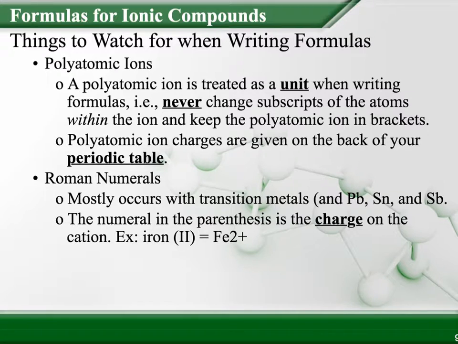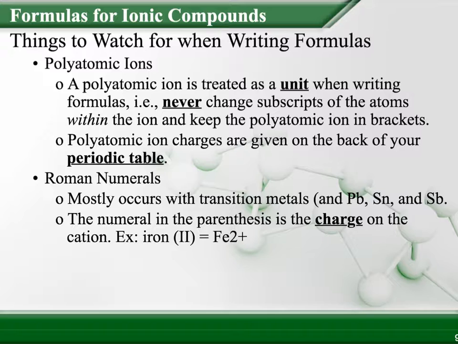The other thing we need to watch out for are Roman numerals. These occur mostly with transition metals because, if you'll recall, the transition metals have a variable charge, meaning they can have a 2 plus charge, a 3 plus charge, a 4 plus charge. It just depends on the element and what it's bonding to. So, in addition to the transition metals, lead, tin, and antimony are also treated with Roman numerals because they have variable charges.